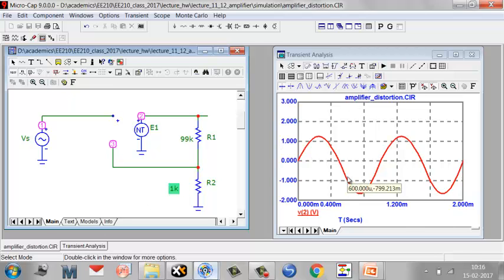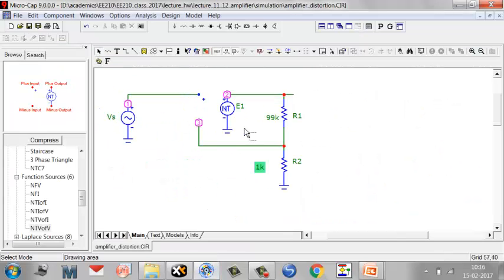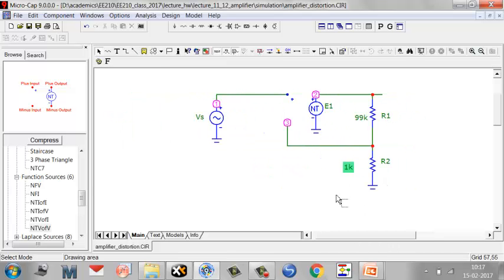Now look at the sinusoid, a much better sinusoid at the output, with lesser distortion. Now how has it become smaller? Well, you can probe this particular point, the voltage appearing at the input. You'll see it's a distorted sinusoid. So you can do all of that. I don't want to go into the details. I'll pass on this particular file to you. You can play around and convince yourself how distortion is getting reduced.